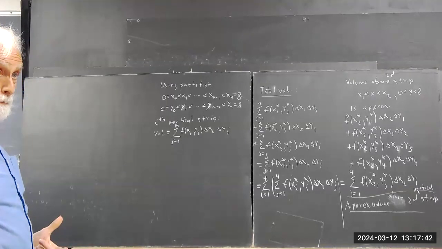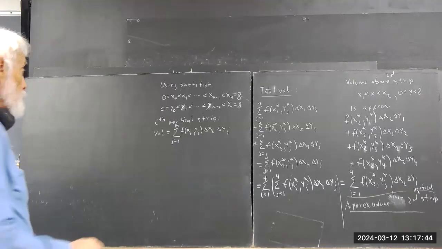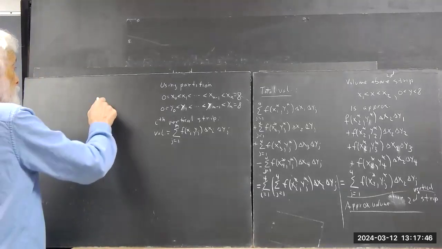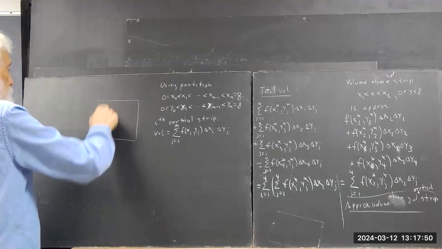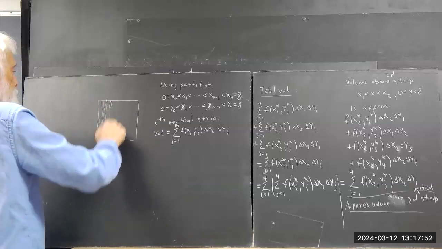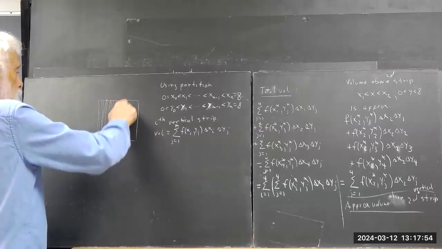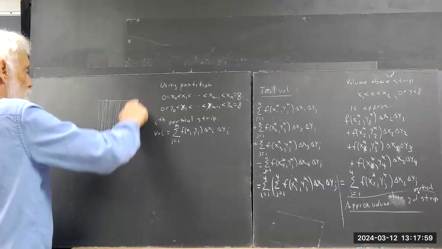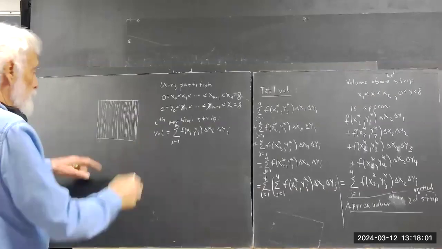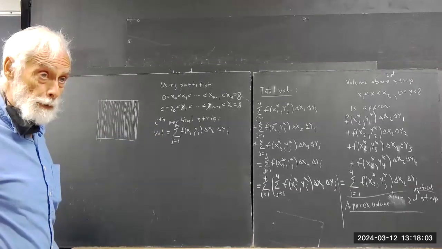Does that make sense? We can imagine we've divided this rectangle up into a whole bunch of vertical strips, because when we partition the x interval, we get n vertical strips.